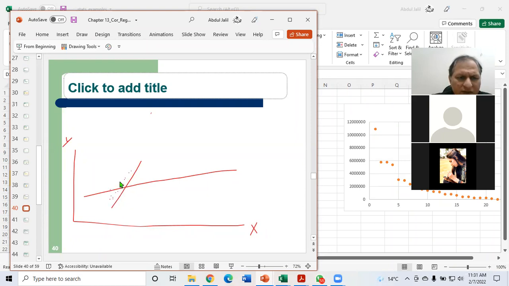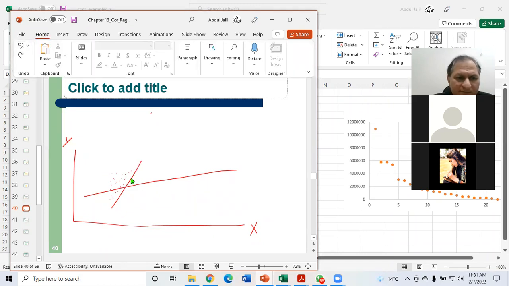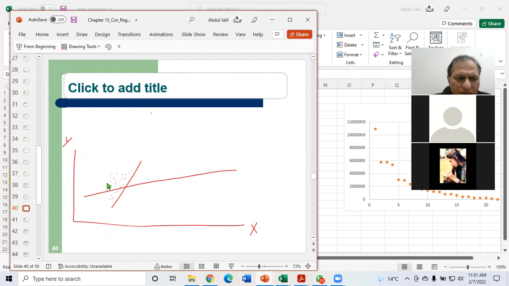But the distribution is in such a way that ultimately, whenever you draw your normal distribution curve, right? So your normal distribution curve should lie in this way.